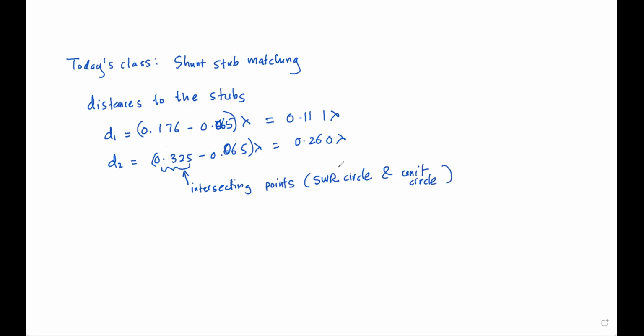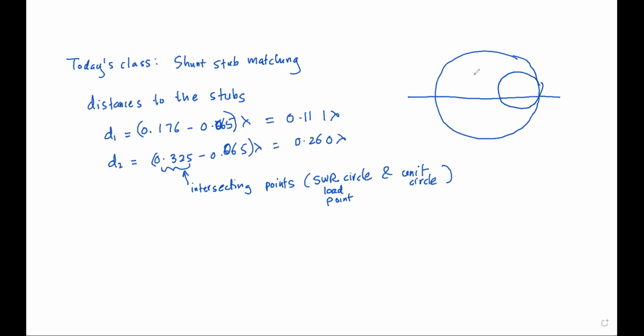Okay, so the SWR circle of the load point. So we have taken the difference and we have found the distance that we need to define as the distance to the stub.